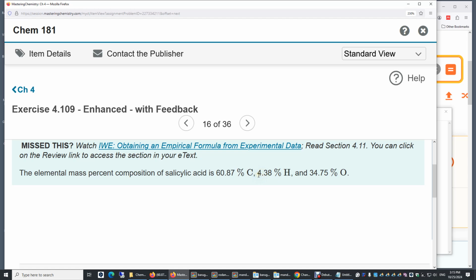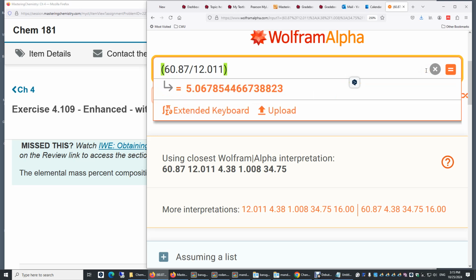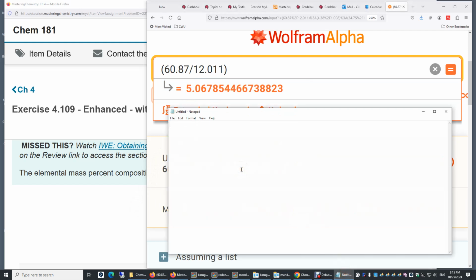And now let's compute the number of moles of carbon. 60.87 divided by the molar mass, we get 5.07. All right, 5.07 moles of carbon, or maybe 5.068. I'm going to use one more sig fig.